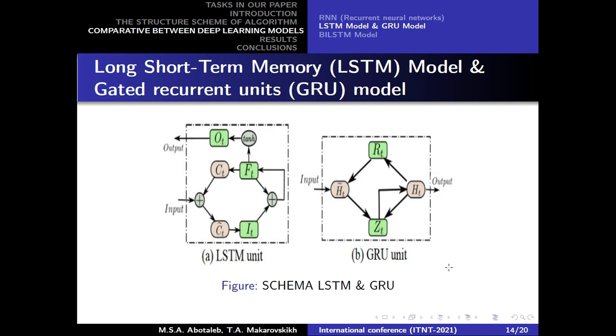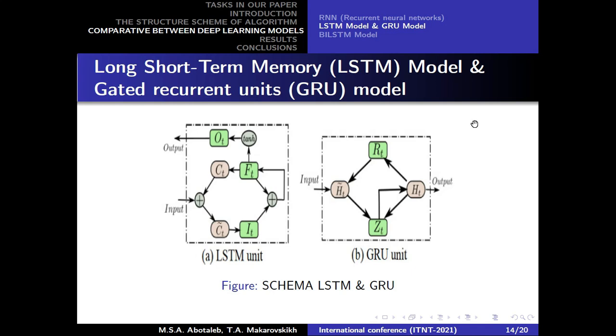The proposition of the reset and update gates concepts are among the new benefits brought by GRU models. There was a coupling of the input and the forget gates of the LSTM by update gates and using output gates as a reset gate.